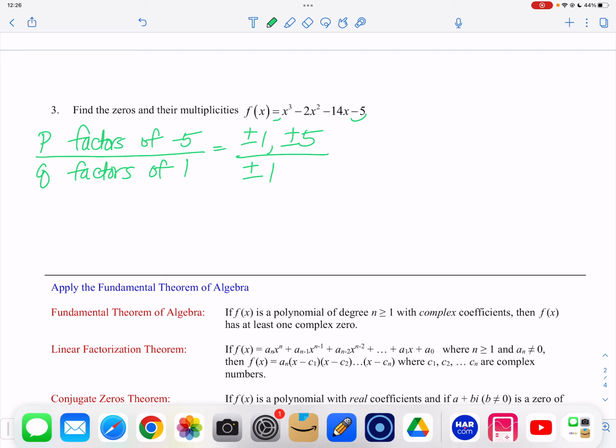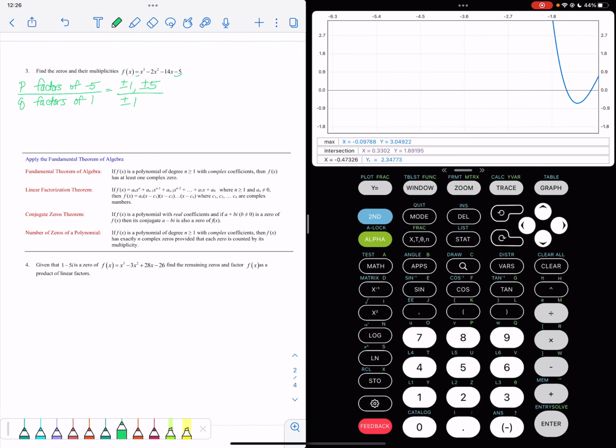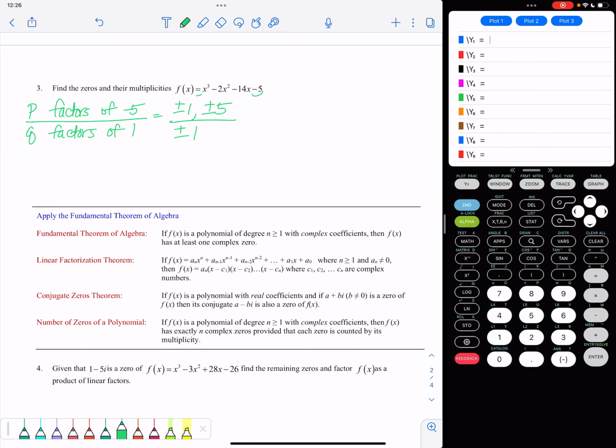So taking a look in the calculator, let's put that cubic in, and let's see if we can see a starting place for this 0. There we go.